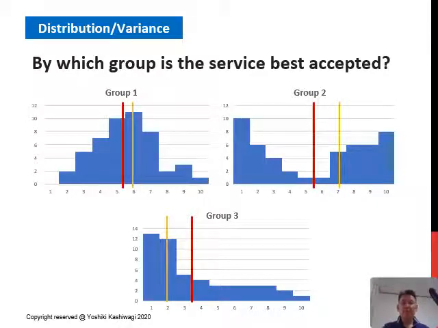For example, average. I know average is the most convenient and the easiest way to summarize whole groups and characteristics. But as you can see in this example, in some cases this is very risky, and you may misunderstand the message from the data.